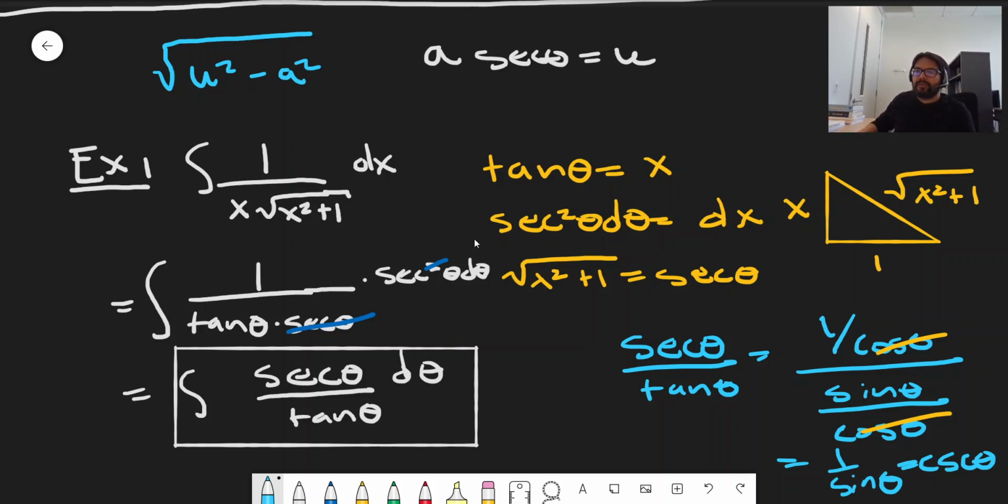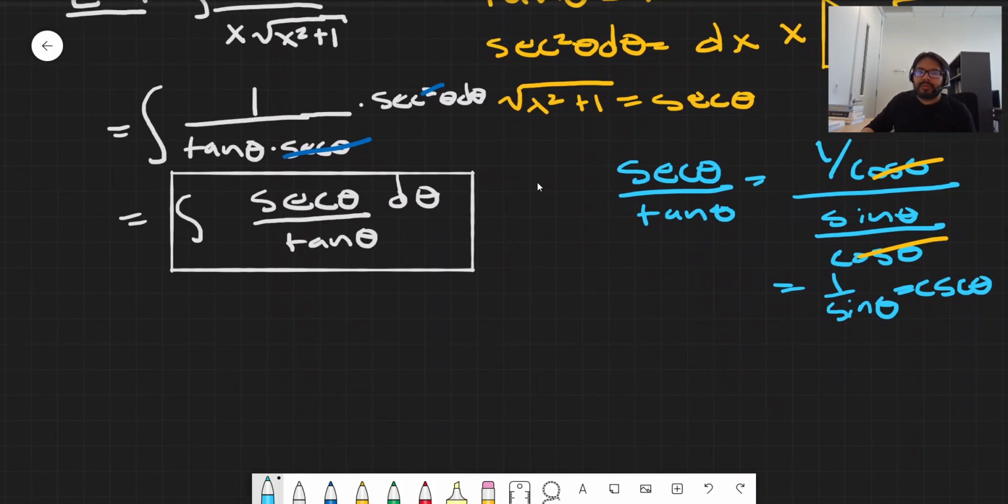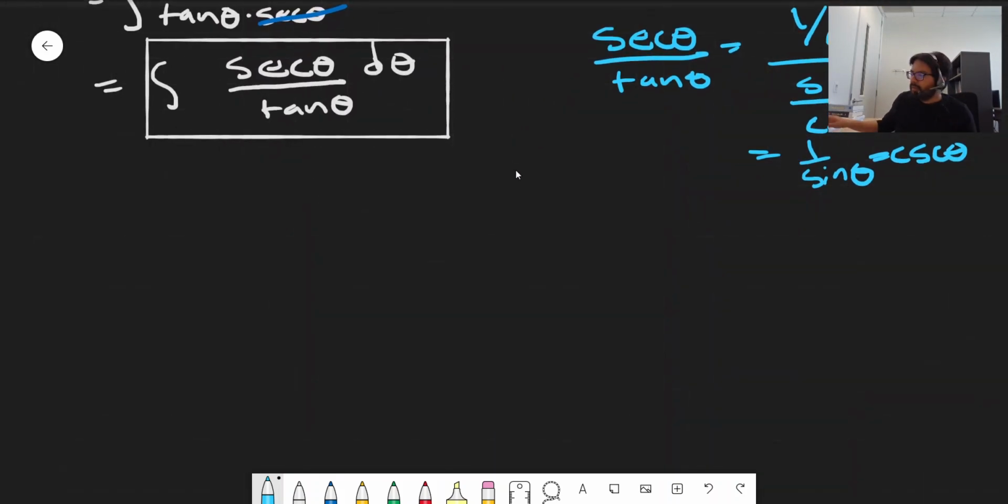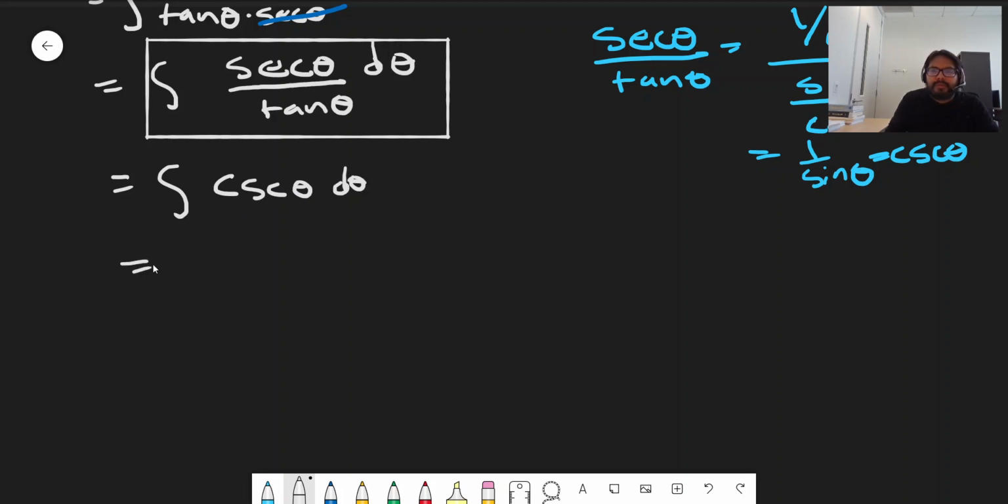Now, from there, we know that we're integrating cosecant. So let's go ahead and rewrite our integral because we've reduced it down to cosecant of theta d theta. Okay, but this is actually a known integral. This is going to be equal to negative natural log of cosecant of theta plus cotangent of theta, and then it's going to be plus c.